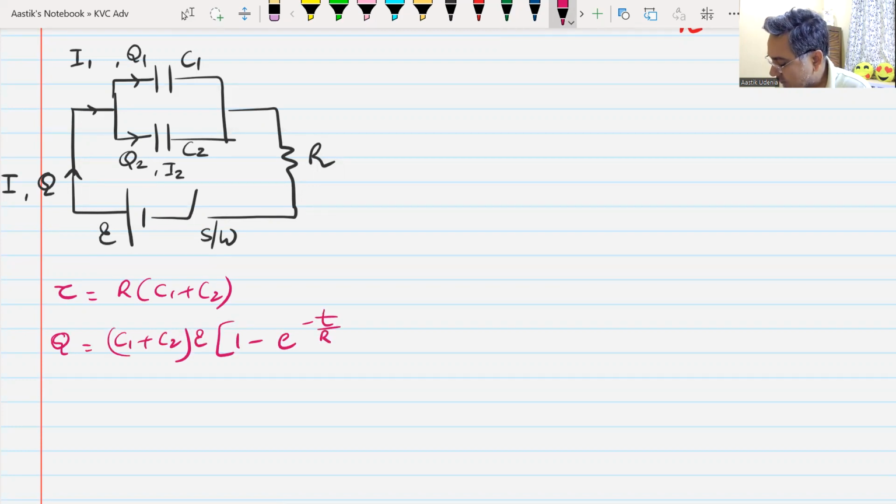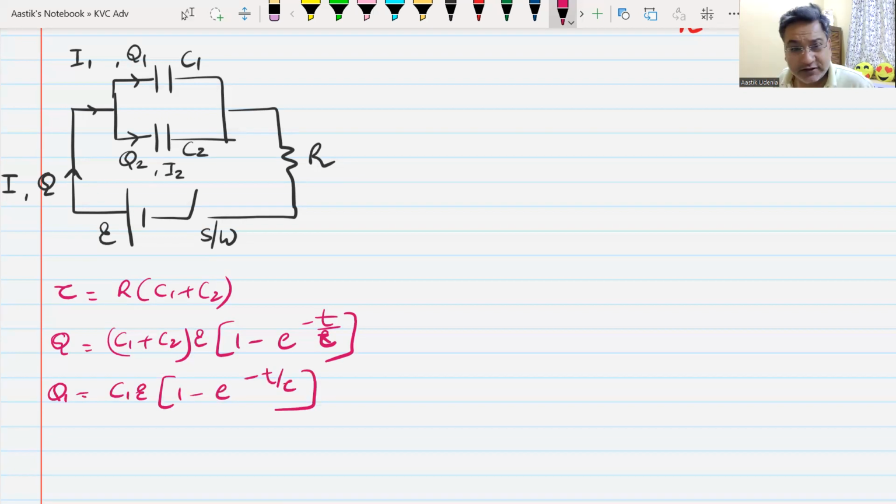Do we understand this, or is this going above our head saying bye bye? Understood, sir. Good. Q1 equals C1 E into 1 minus e to the power minus t by tau.